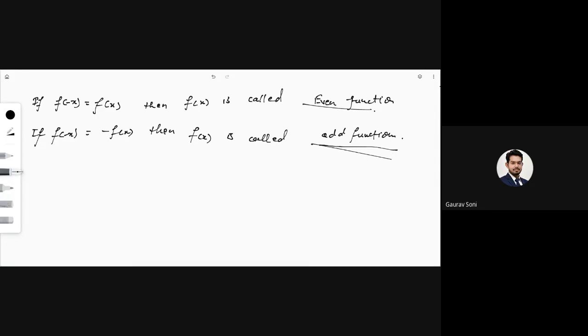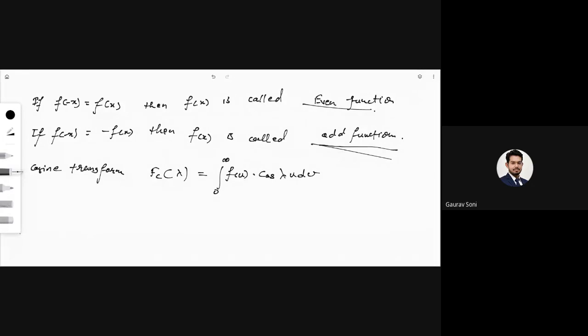So if f of x is even, then I can simply jump to the Fourier cosine transform. The cosine transform is denoted by F suffix c of lambda, Fourier cosine transform, and the formula is integral 0 to infinity f of u cos lambda u du.